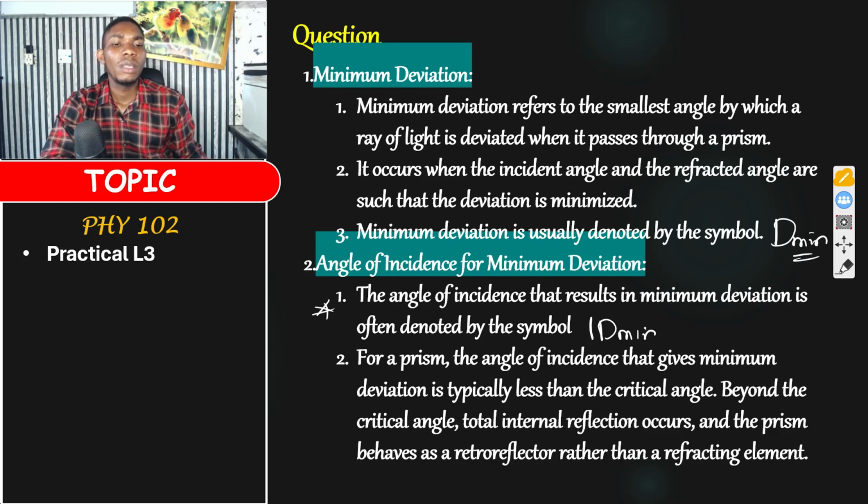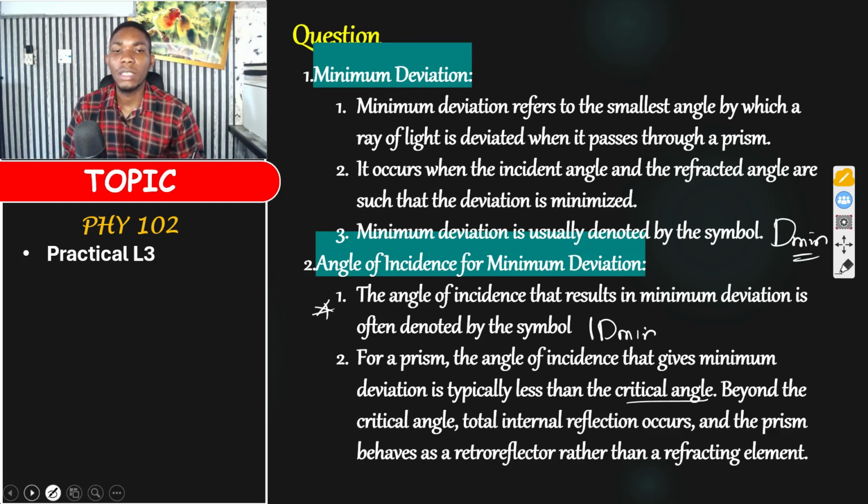For a prism, the angle of incidence that gives minimum deviation is typically less than the critical angle. Beyond the critical angle, total internal reflection occurs, and the prism behaves as a retro reflector rather than a refracting element. So these are some of the comments that you can make under the part that says you should make a comment on this particular practical. All right, so that is that.